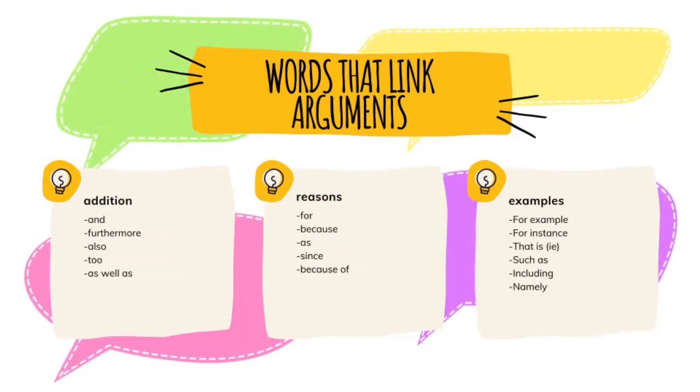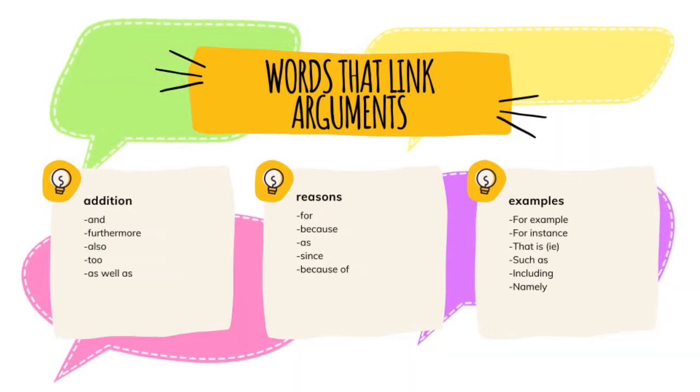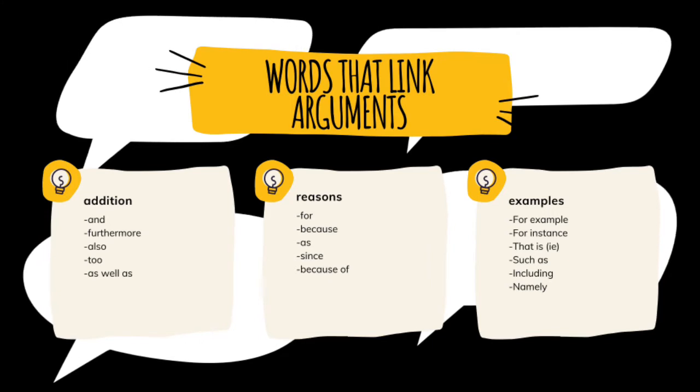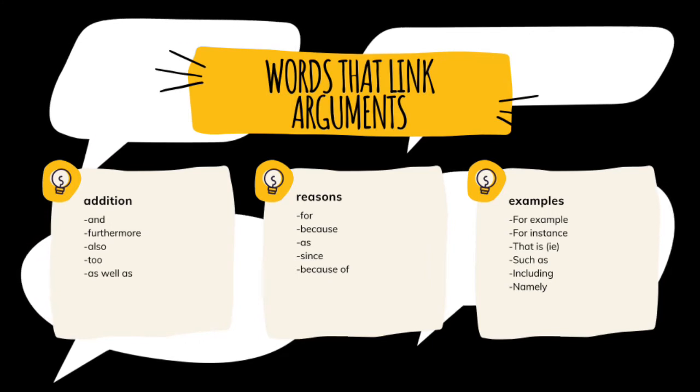Okay, move on. If you want to add some addition, you can say and, furthermore, also, too, as well as. Or if you want to give a reason, you can use the word for, because, as, since, or because of. Or if you want to give an example, you can say for example, or for instance, that is, or such as, including, or namely.